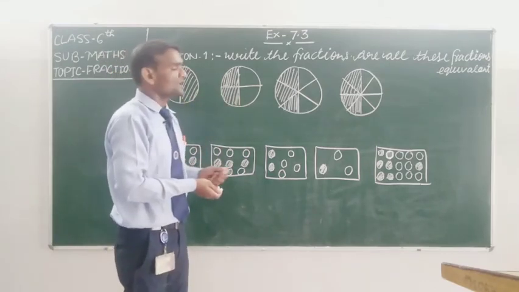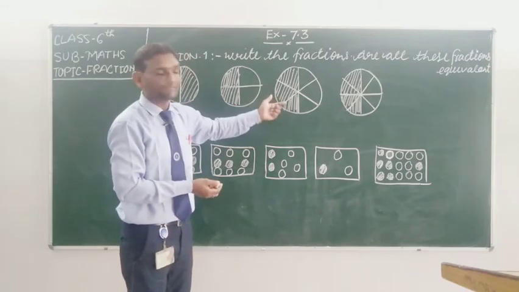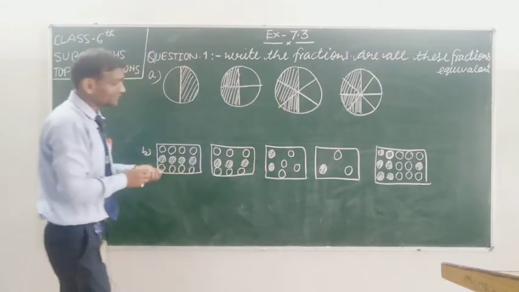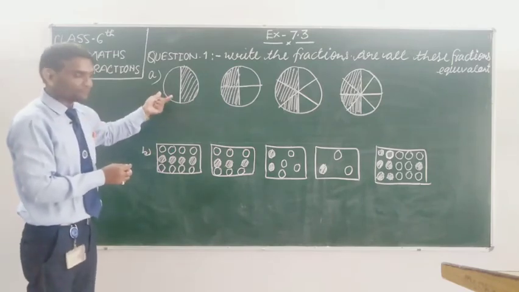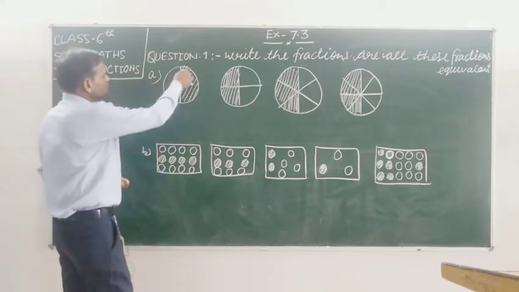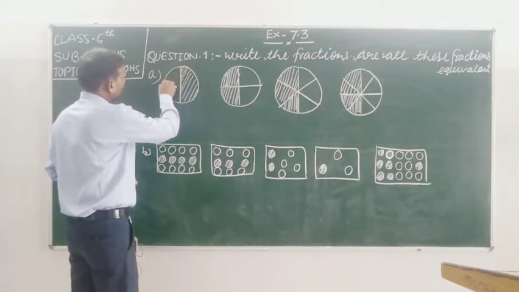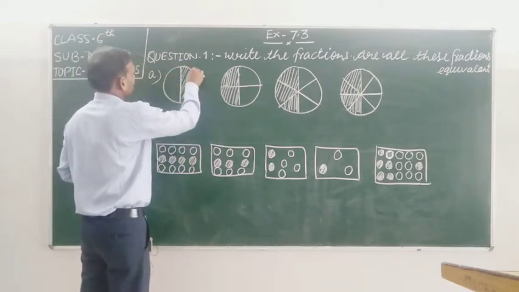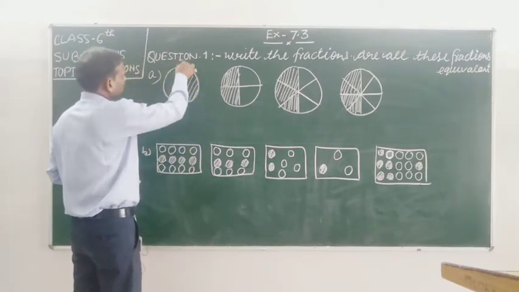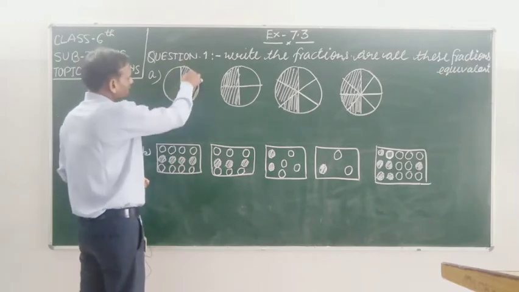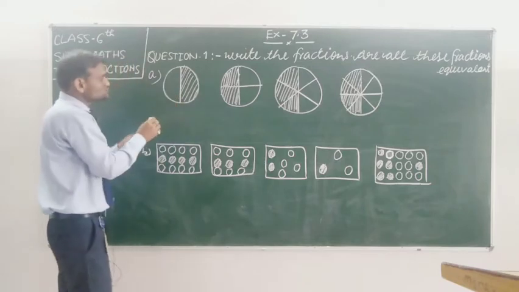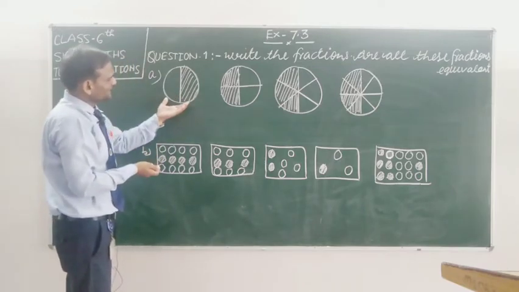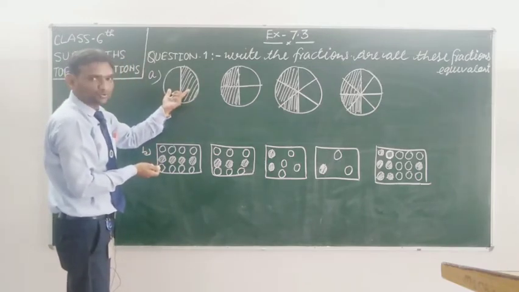All fractions are equivalent. So student, firstly we need to write the fraction. So student, you are seeing that there is a circle and this circle is divided into 2 equal parts and one part is shaded. So total number of parts is 2.